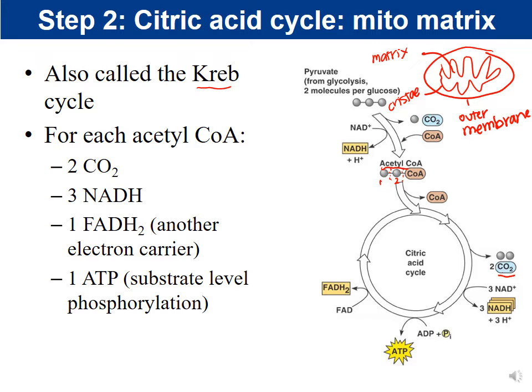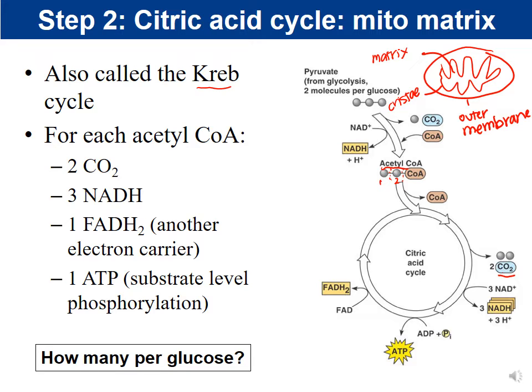And we get another electron carrier, and that is FAD. And when it picks up its electrons and its hydrogen, it becomes FADH2. So per acetyl-CoA, we get 2 carbon dioxides, 3 NADH, 1 FADH2, which is again another electron carrier, and 1 ATP per substrate level phosphorylation.